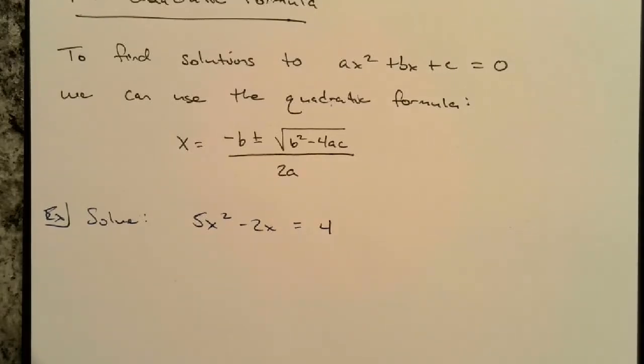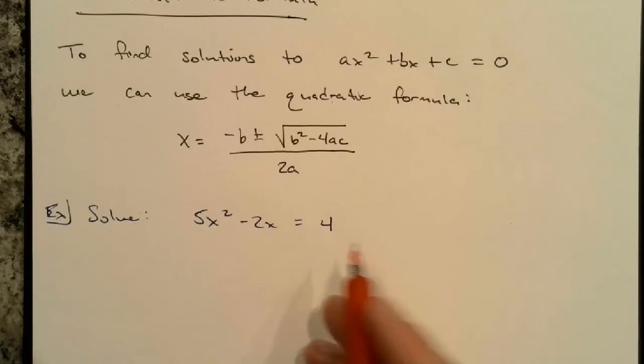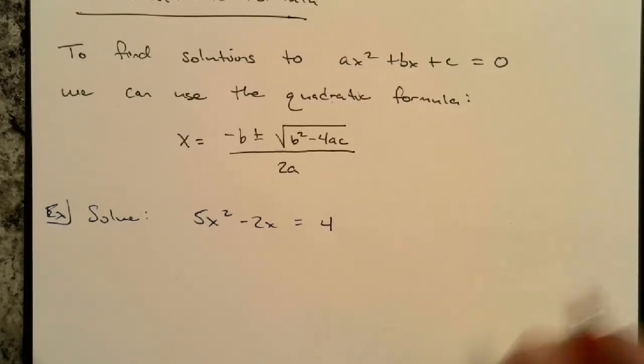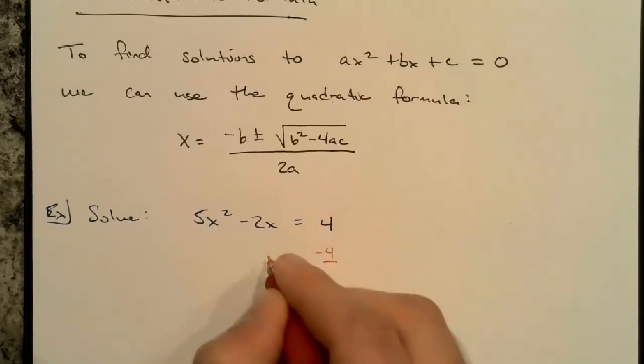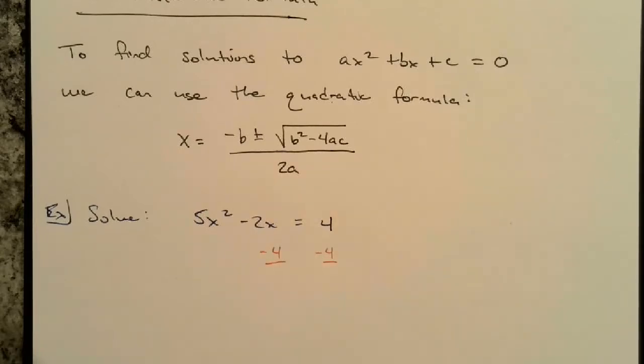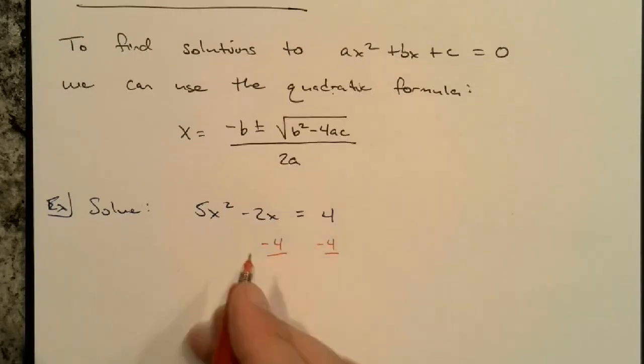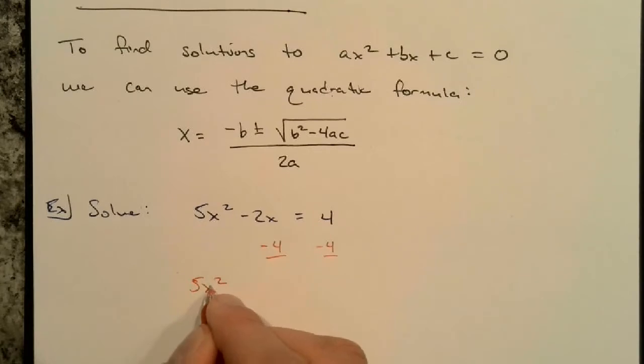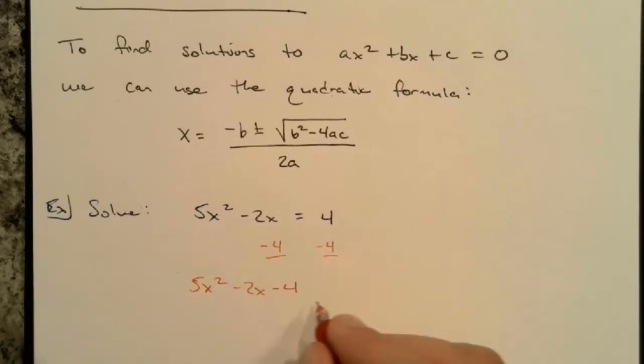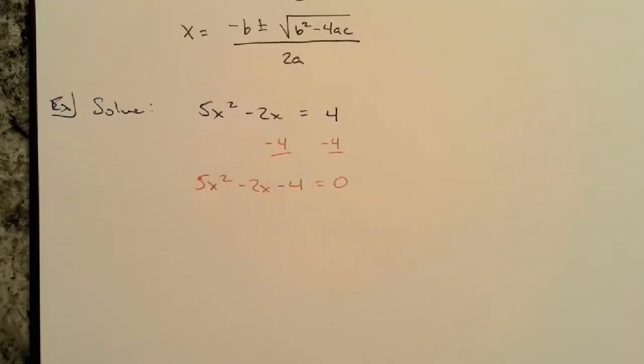To use the quadratic formula, I first need to get it in standard form. You would need to do that if you were factoring anyway. So the first thing I'm going to do is subtract 4 from each side so one side is 0. Doing that leaves me with 5x squared minus 2x minus 4, writing it in descending order, equals 0. Make sure you still have equals 0. You need that. It keeps it an equation.